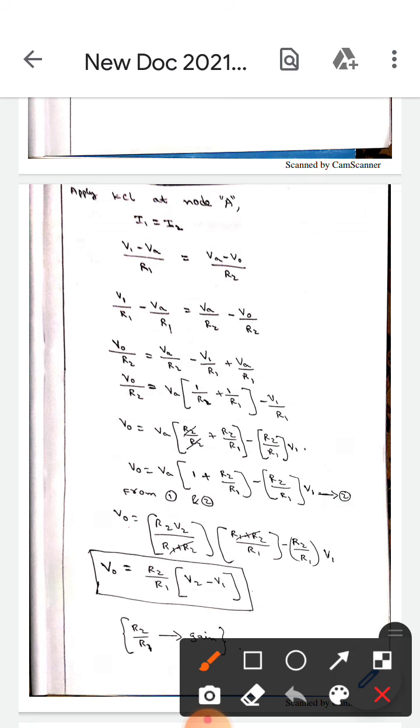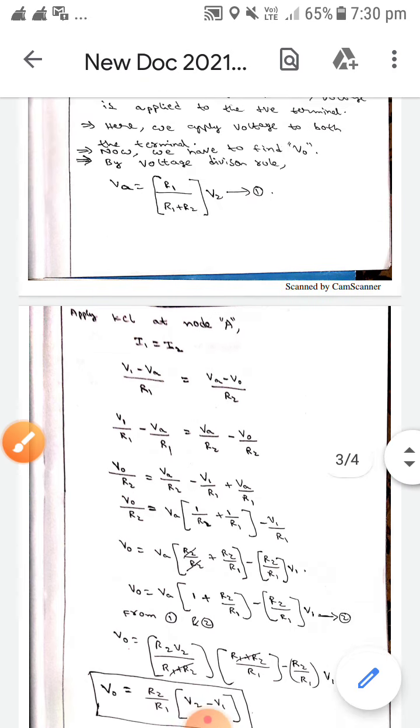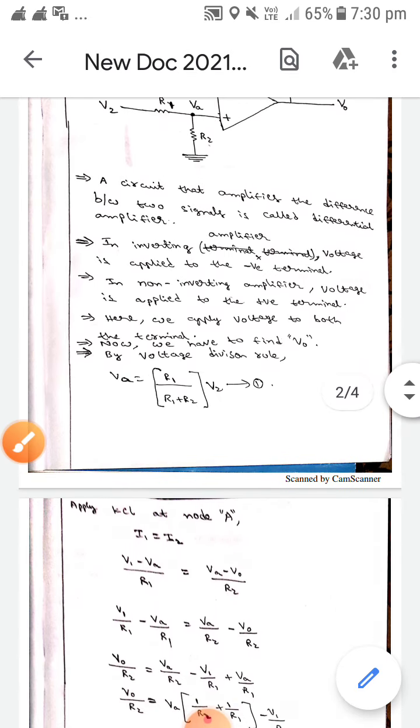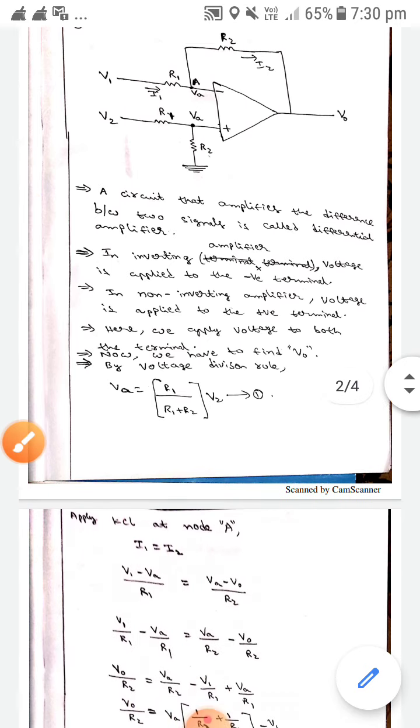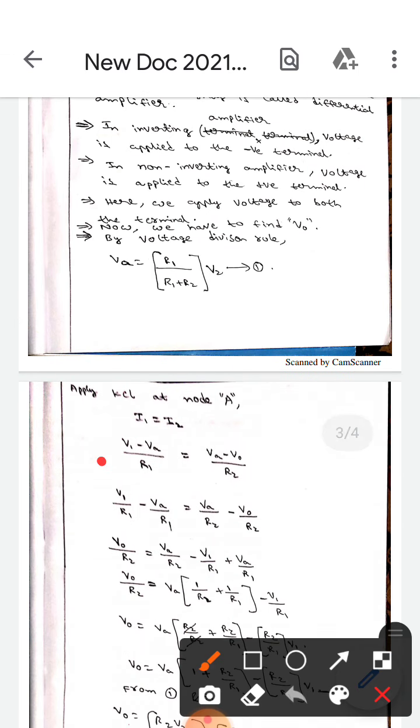If you look at the circuit diagram carefully, at I1, along this line, I1 is equal to V1 minus VA by R1. This is what we write here.